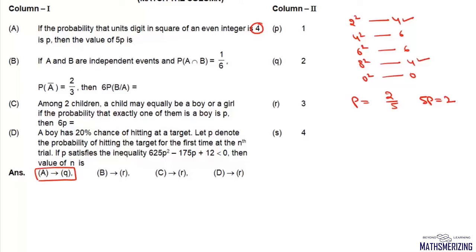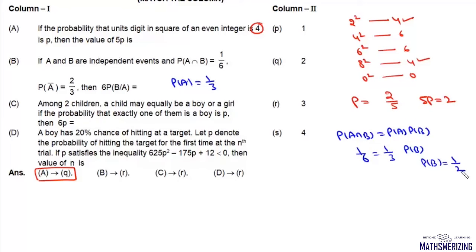Now for the second part it says if A and B are independent, then we are given that P of A intersection B is 1 by 6. Probability of A not is 2 by 3, then probability of A is 1 by 3. And probability of A intersection B is P(A) into P(B). Now this is 1 by 6, this is 1 by 3, and this is probability of B. So probability of B is simply 1 by 2.